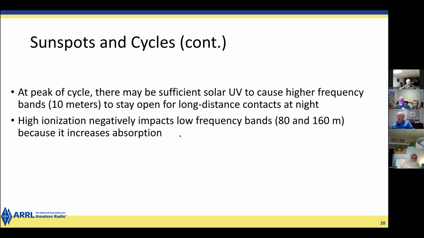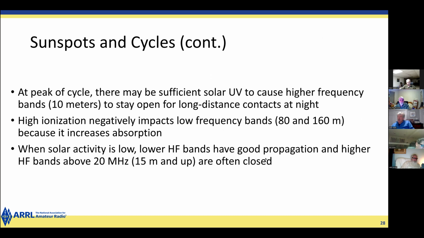So 80 and 160 meter propagation, the lowest HF bands, work better at the bottom of the sunspot cycle, when the solar radiation is less. When solar activity is low, the lower HF bands are better. The higher HF bands, 15 meters and up, are often closed. In other words, there's not any good propagation anywhere.